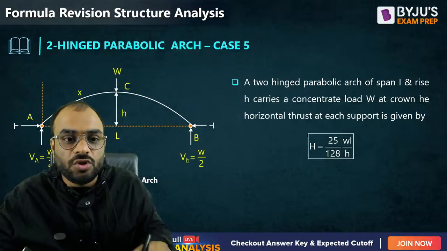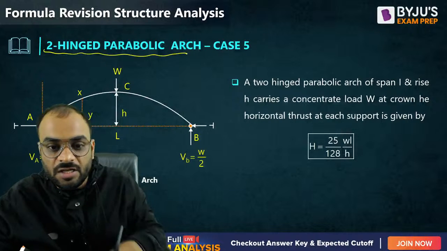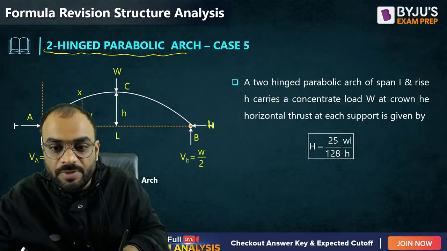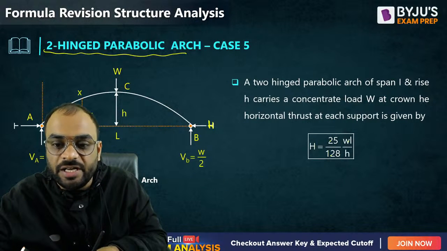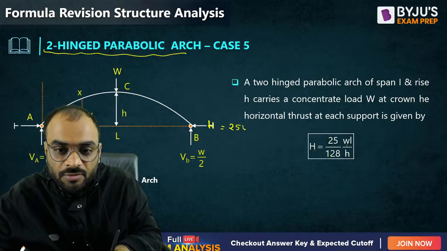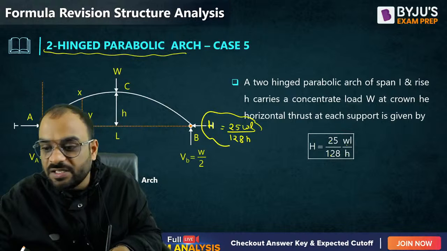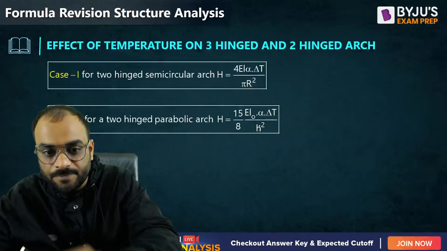Next one, two hinge parabolic arch. For two hinge parabolic arch, the formula for horizontal thrust will be 25 by 128 WL by H, that is 25 WL by 128 H. That is basically your horizontal thrust.